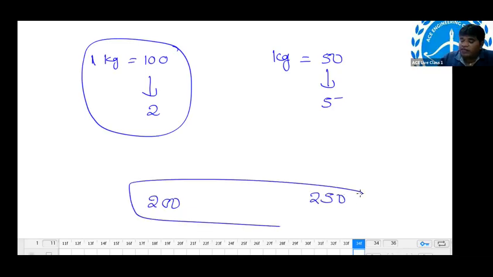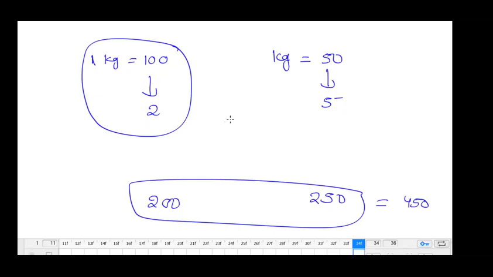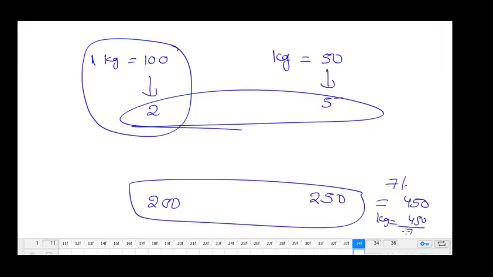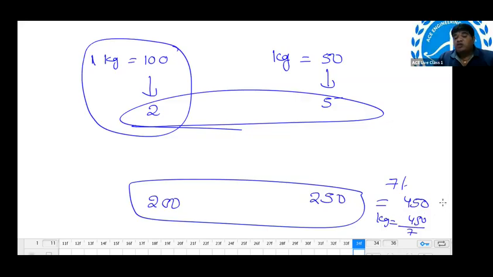So overall I'm getting how much from you? 450. For how many kgs? For the 7 kgs. So each kg costs 450 by 7. Total I'm getting from you is 450. Is it okay?